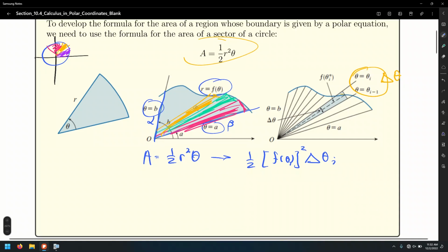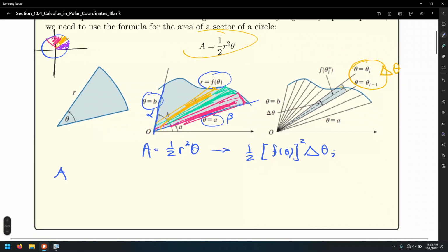All right? So number one, the area will be approximately, so we do an approximation first, the sum of all these sectors, right? But do you see the issue with what I'm doing here? Do you see these areas that are going outside of the region? That's an inaccurate result. So that's why we have this approximation: the sum from i equals 1 to n of 1/2 f of theta sub i, quantity squared, delta theta sub i.